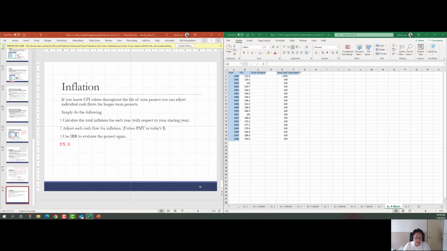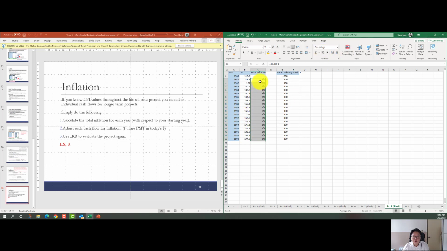So what we have over here is, to calculate total inflation, it's going to be 1981 divided by 1980 minus 1. Okay, so we get that's our inflation. So what we actually need to do is, let's look at what we have over here, okay?